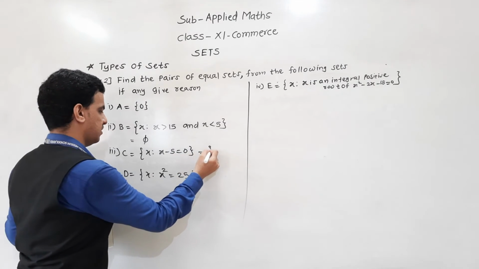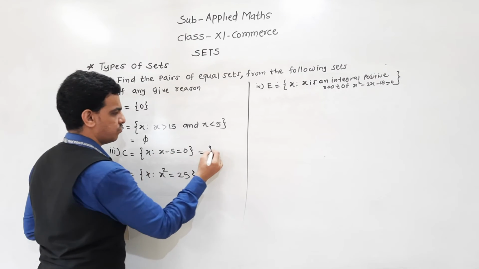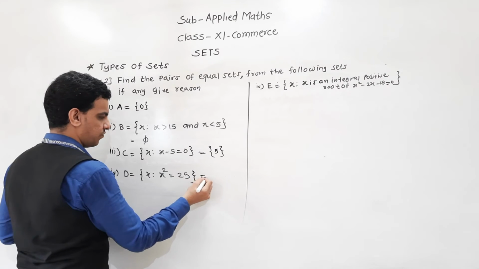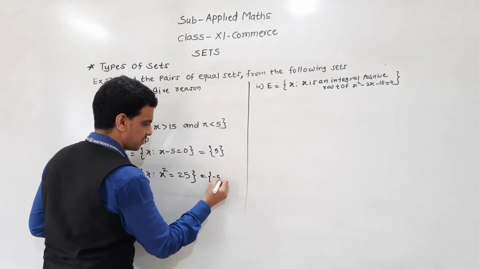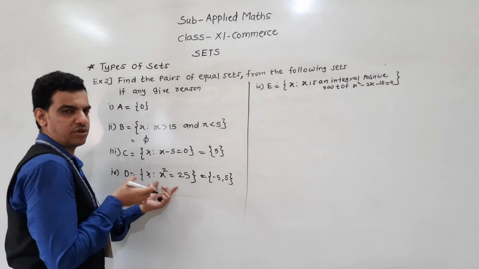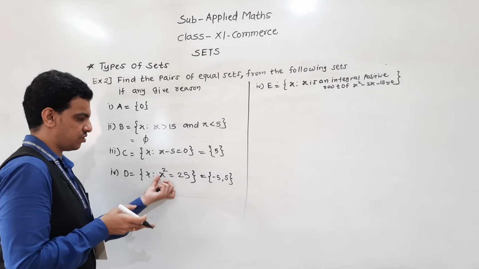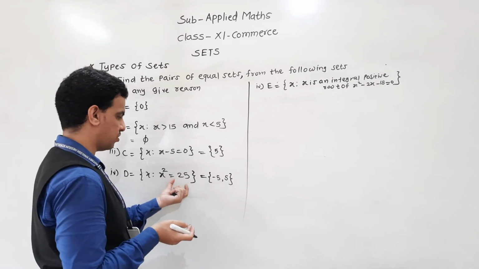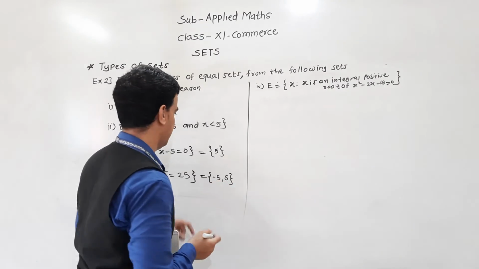Then C, the set of all x such that x minus 5 is equal to 0, means only 5 is there. Then D, the set of all x such that x square is equal to 25, so this set contains minus 5 and 5. Here x is not defined as belonging to natural numbers or integers, it is not given, so we have to consider both values, minus 5 and 5.